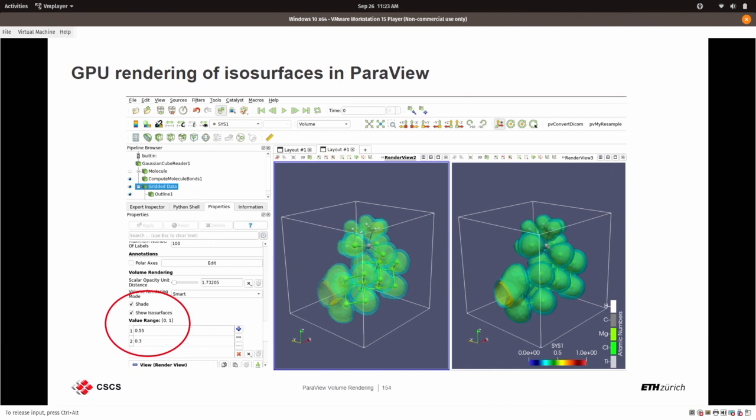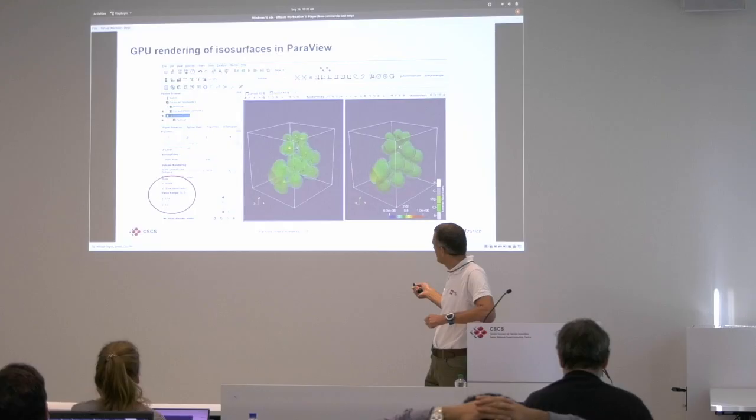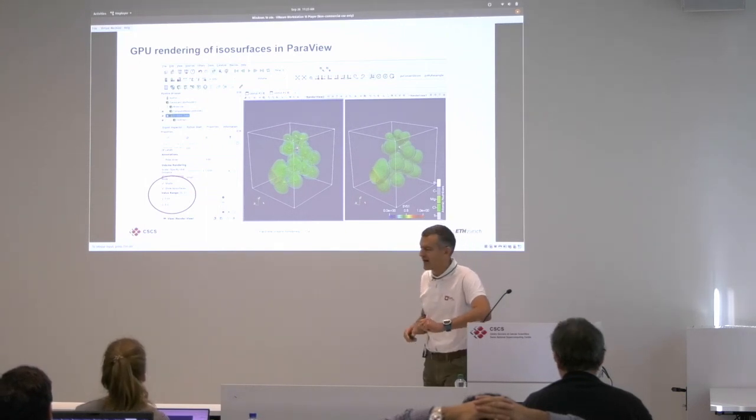This data set, I'll have to verify that I copied it over to PitsDaint, is the result of a Gaussian simulation. So a Gaussian simulation gives us the electronic density in this volume of data. There is the molecule that you can see here immersed into this cloud.